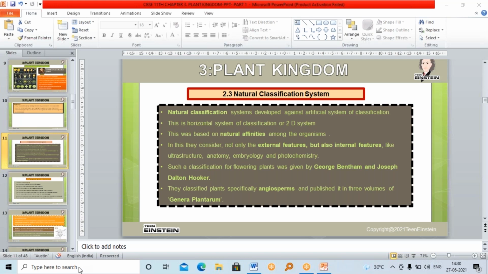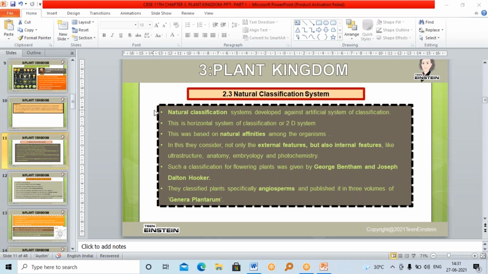So the natural classification system was developed against the artificial system of classification. This is a 2D system, and they considered natural affinities as the base of this classification. Along with external features, they considered internal features also, like embryology, anatomy, ultrastructure, etc. Such classification was done by George Bentham and Joseph Dalton Hooker.